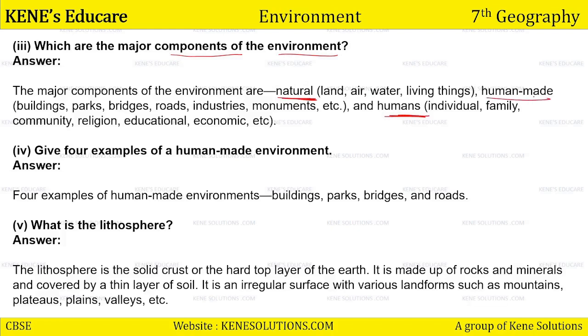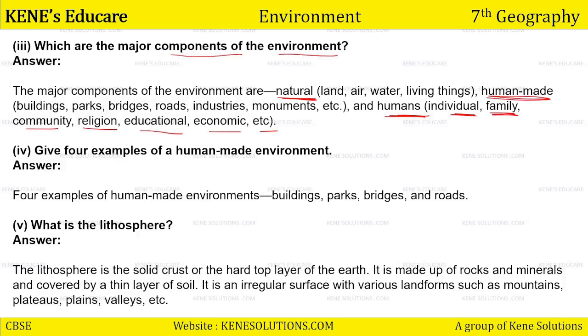Then there are human-made components also, such as buildings, parks, bridges, roads, industries, monuments, etc. And then there is the human. Human is also a major component of the environment, right? Including the individual human being, the family, the community, and religious, educational, economic aspects, etc. Okay, so these are the major components of the environment.